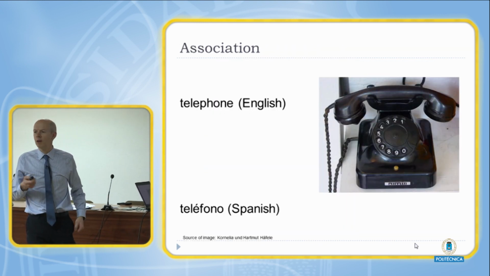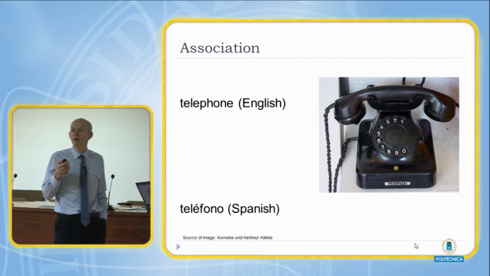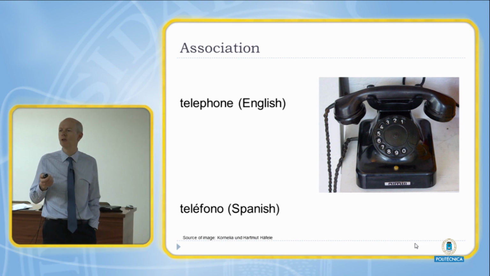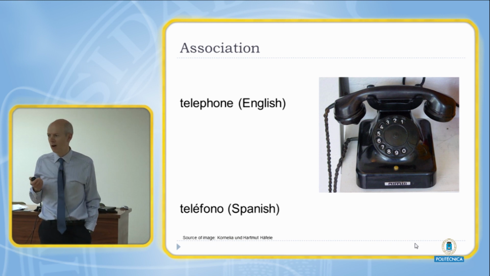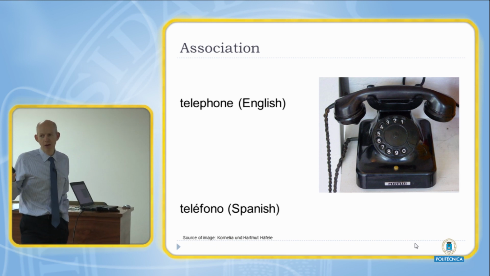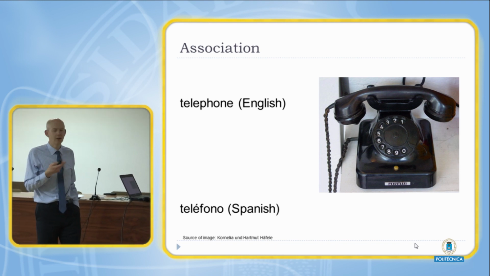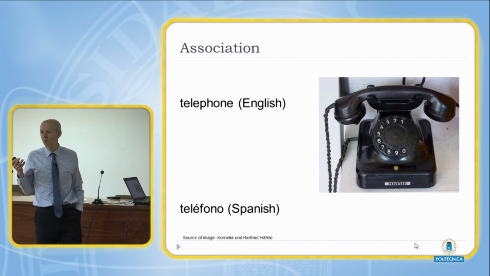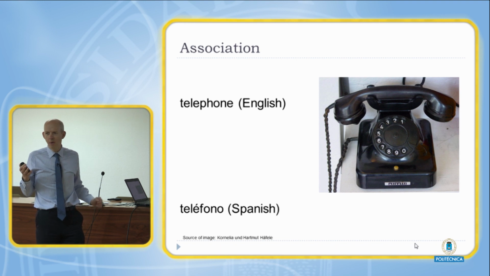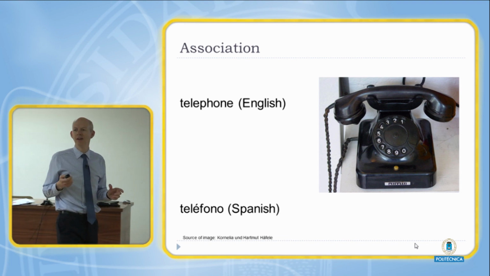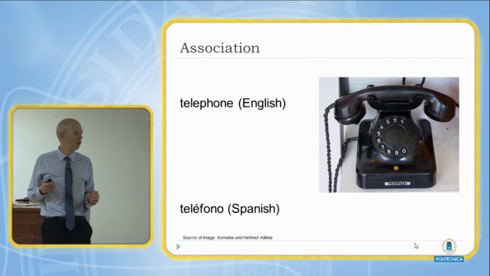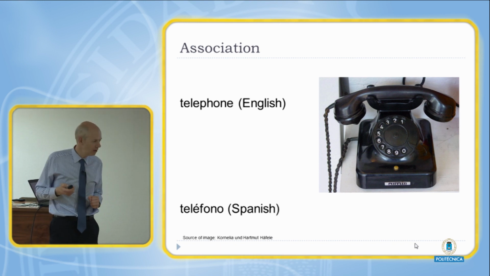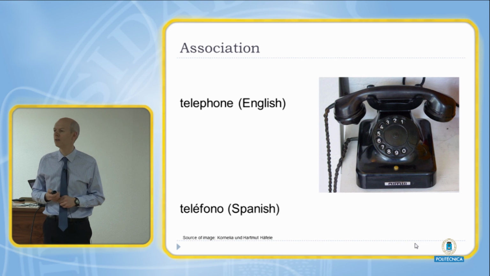Another thing particularly important when you're learning languages to go on holiday is the idea of association. Now, as you know, the word for telephone in Spanish is not very different to that in English. But when I lived in Finland many years ago, I soon discovered that the word for telephone in Finnish was very different. Does anybody know what that is?